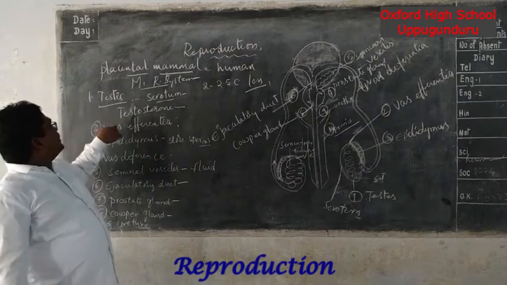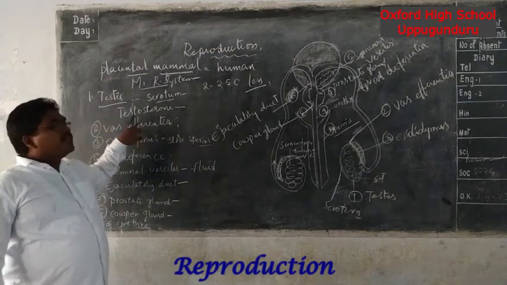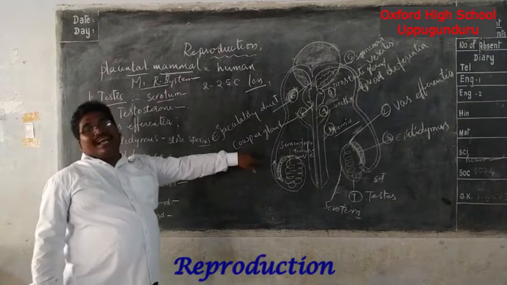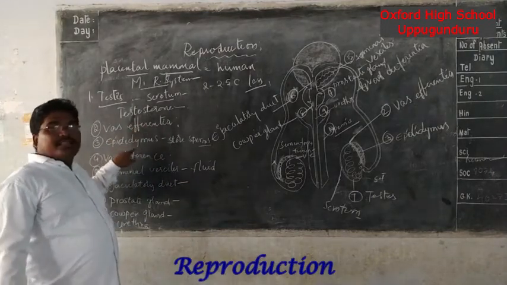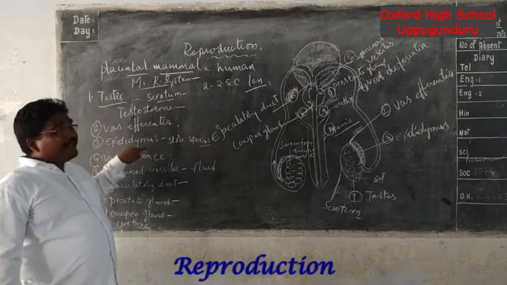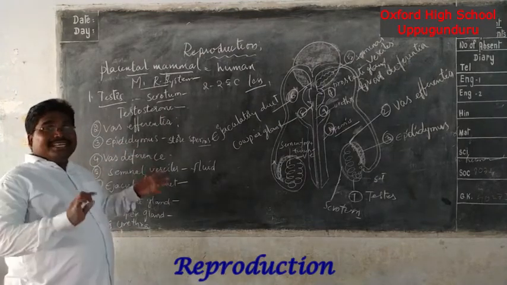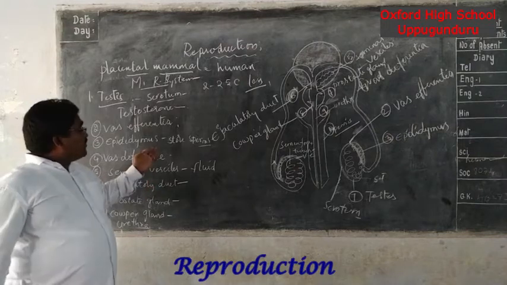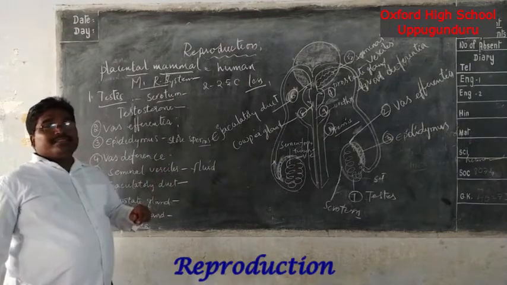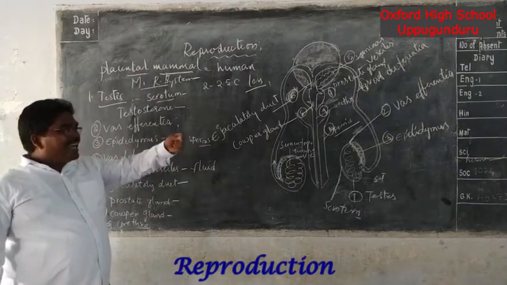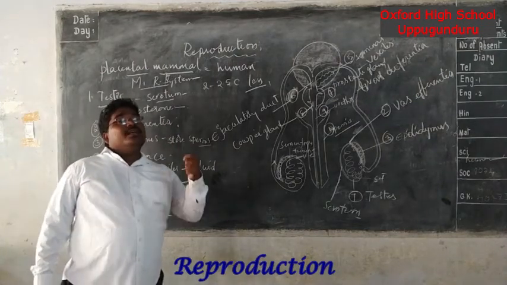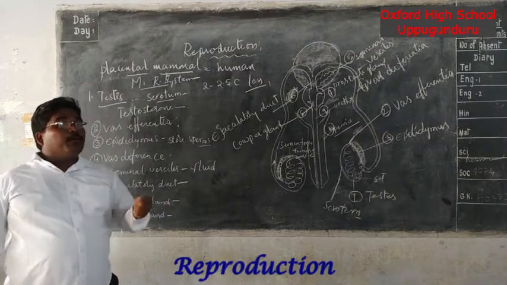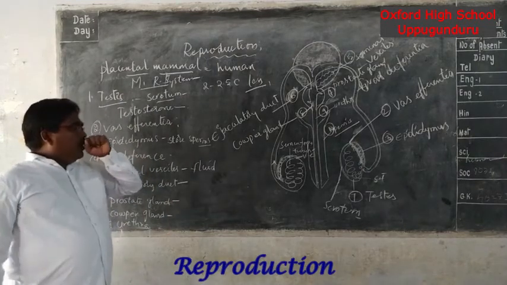The second point is vas afferentia. Seminiferous tubules open into the vas afferentia, which carry the sperms into the epididymis. Third point, epididymis, one in each side. Vas afferentia opens into the epididymis. The epididymis contains a highly coiled tube present at the posterior side of the testis.